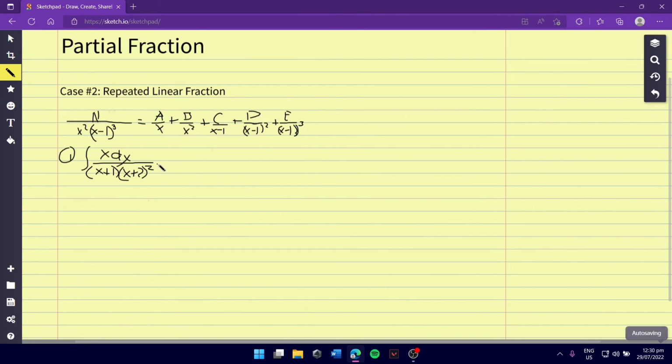Okay, so first we can use the cover up method. So we'll represent this first as a over x plus 1 plus b over x plus 2 and then plus your c over x plus 2. Since this is repeated, we'll copy it and then put squared, quantity squared, on this term. And then multiply it by your dx.